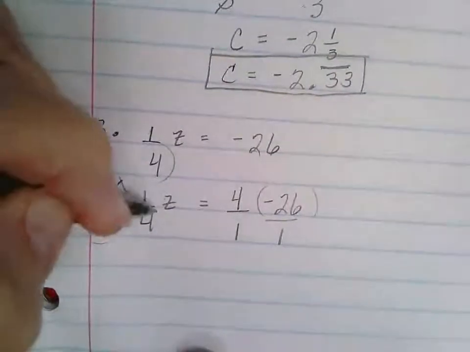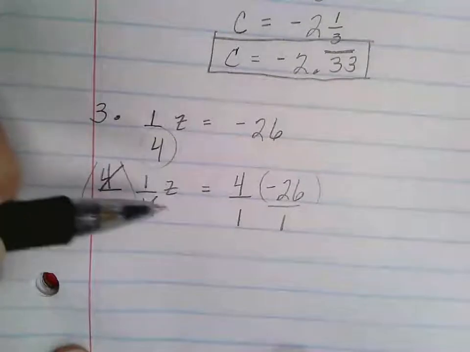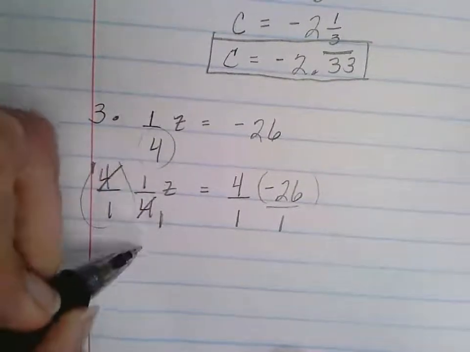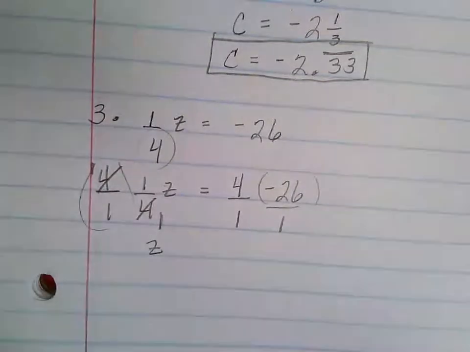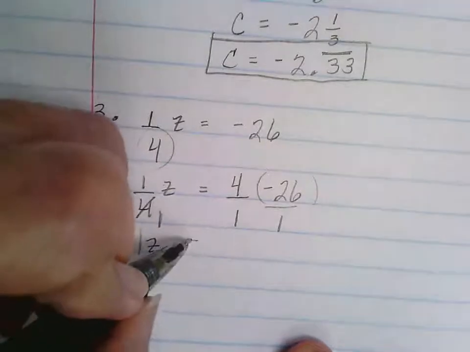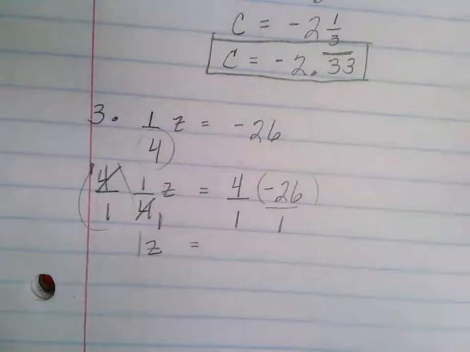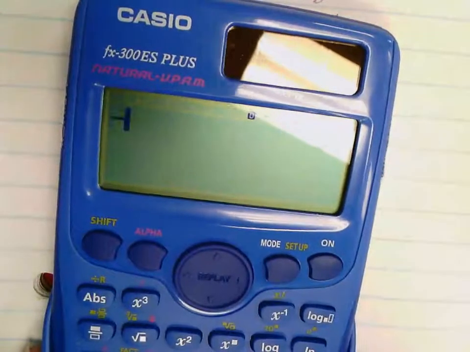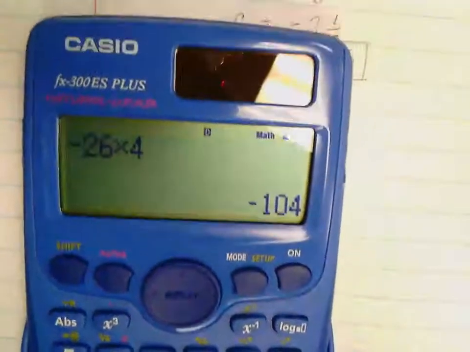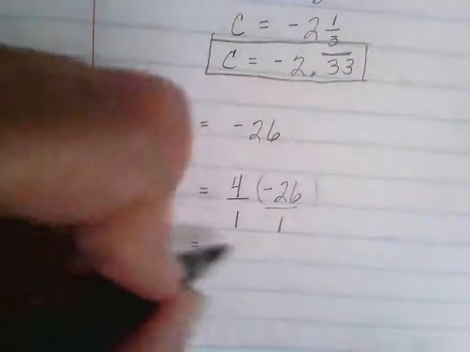So these 4s are going to cancel. I'm left with only 1Z, so I can write that as Z, or I can write it as 1Z, and that's going to be equal to 4 times -26, which is -104.